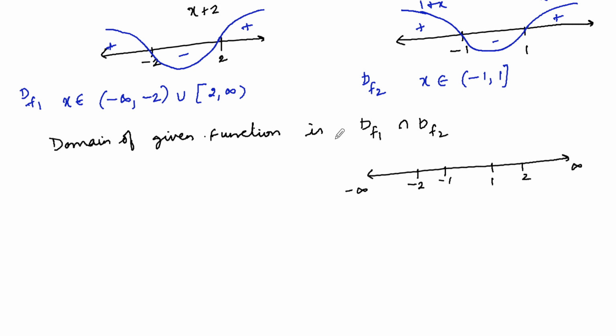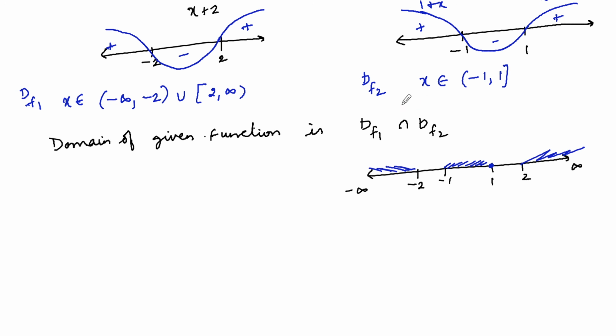The first one says minus infinity to minus 2 union 2 to infinity. And the second one is minus 1 to plus 1, where 1 is included and minus 1 is excluded. We find that there is no common solution, so both are disjoint sets.